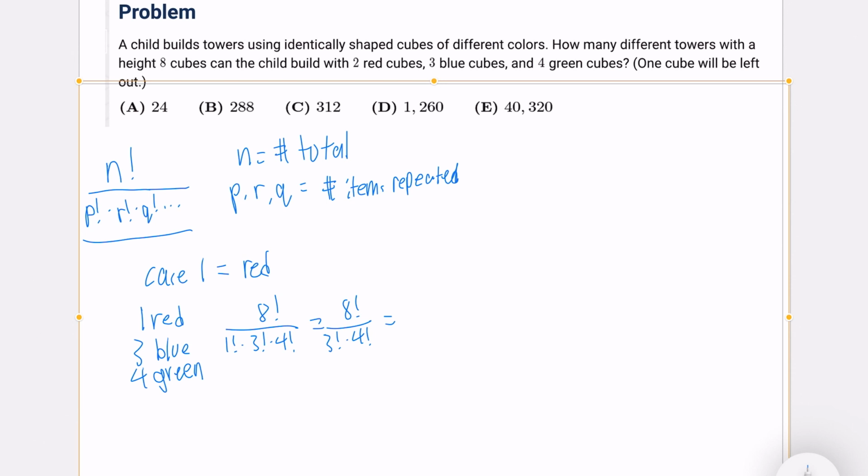When taking the AMC, you can't use a calculator, and it would be extremely hard and time-consuming to multiply 8 times 7 all the way down to 1 and then divide that by 3 factorial times 4 factorial. So we can cancel some numbers out. So we can write out 8 factorial, and then we can also write out 3 factorial and 4 factorial.